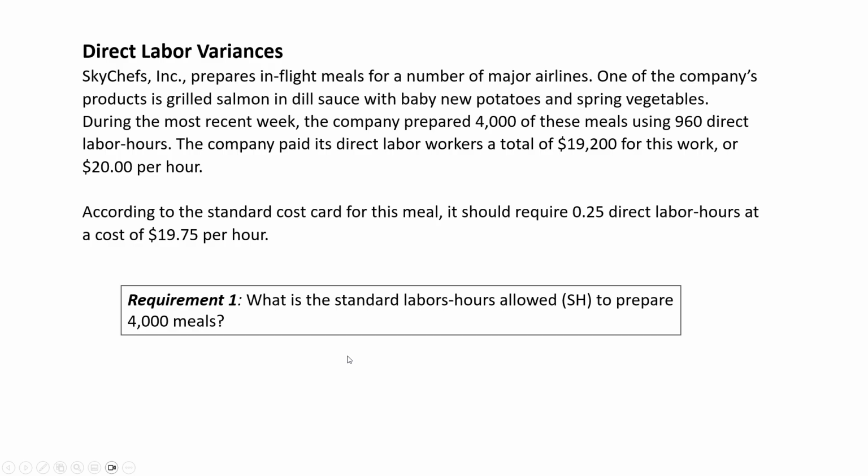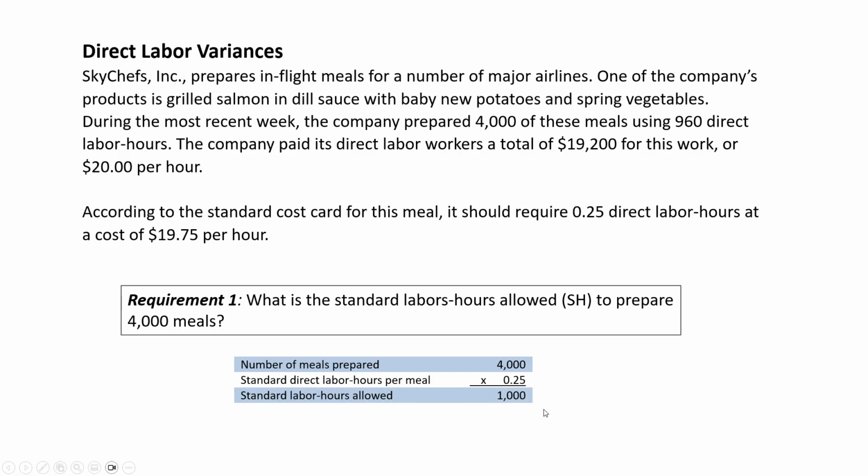Again, let's start out with our flexible budget or standard cost allowed. Let's first start out with the standard number of hours we anticipated. 4,000 meals, the actual number of finished goods, times the standard of 0.25 direct labor hours means that we anticipated it was going to take us 1,000 hours to make those 4,000 meals.